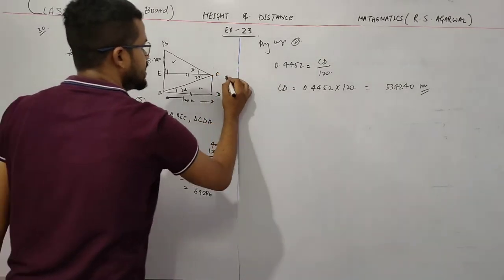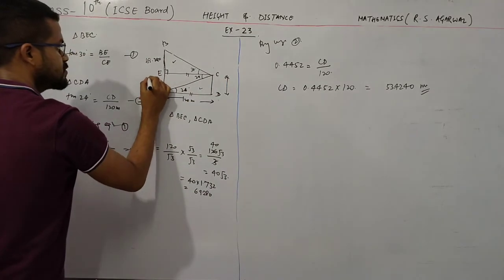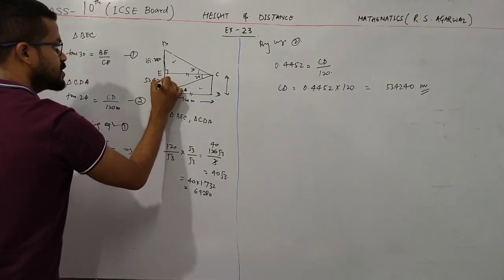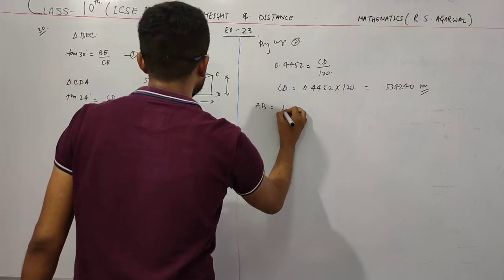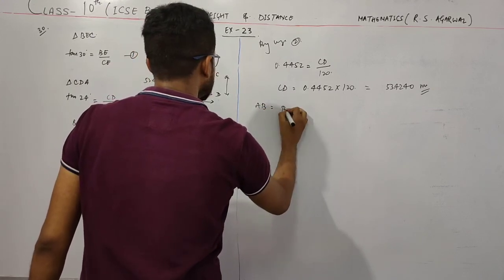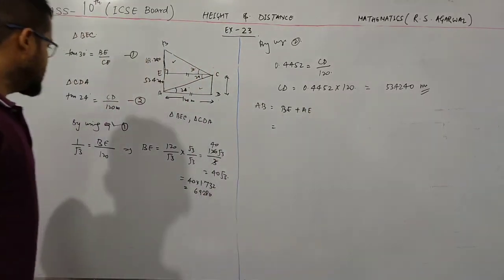Here this is CD. If this is 53.4240, so this is also 53.4240. So AB is equal to BE plus AE. Okay, so BE is how much?